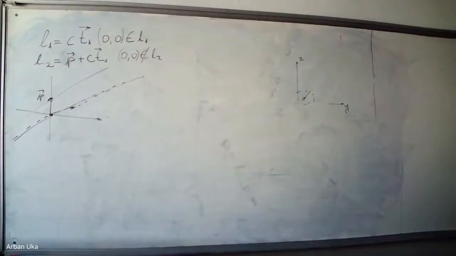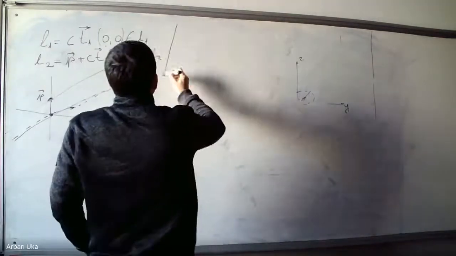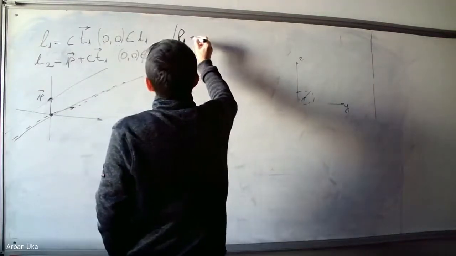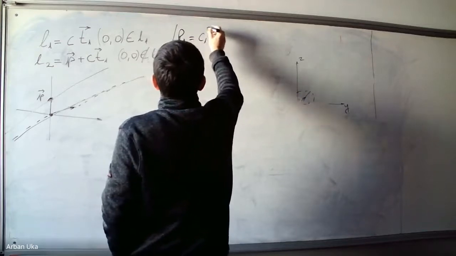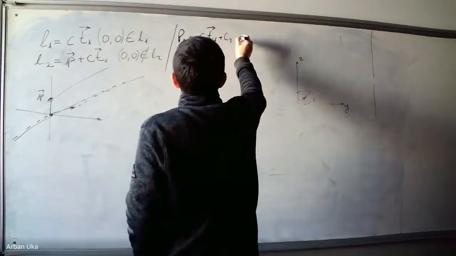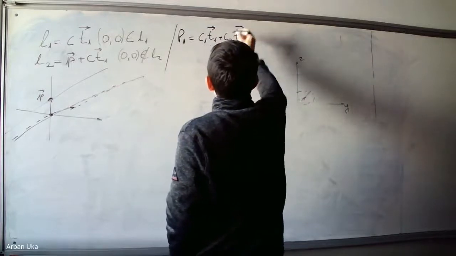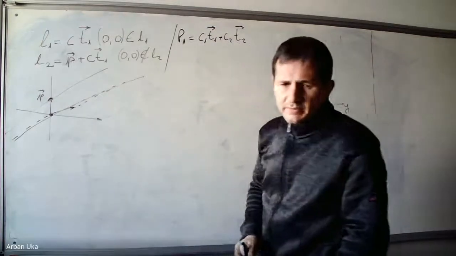Then we can move further and define the equation of a plane. The equation of a plane can be written as, let's write this one as P1, P1 is equal to C1 T1, where T1 is a vector, plus C2 T2. T2 is also a vector. So this is a plane, okay?